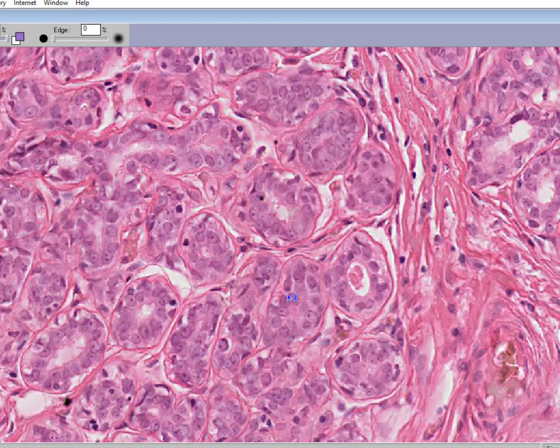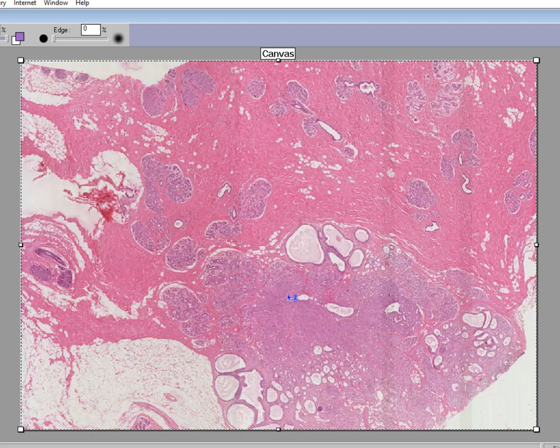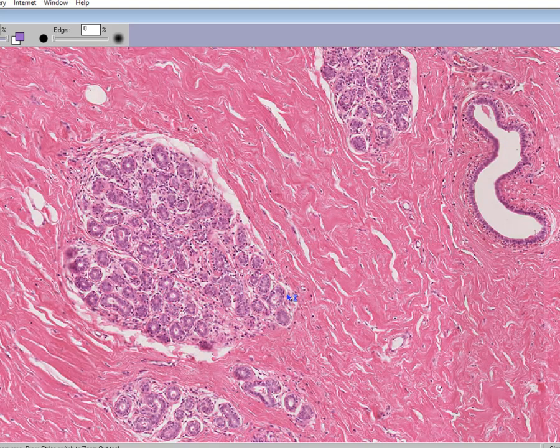Okay, let's go back to low power and once again show you that there's really nothing to worry about. It's not invading into this fibrous tissue. And let's also take a look at a normal breast lobule again, just in case you forgot. Here's a couple of breast lobules. 1, 2, maybe part of a third one.